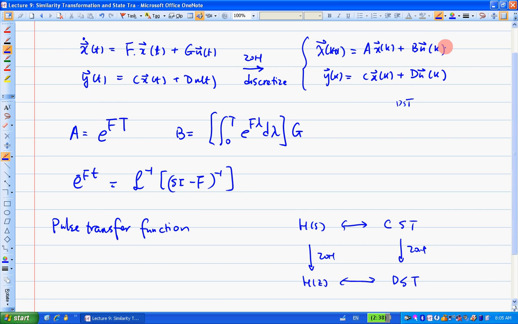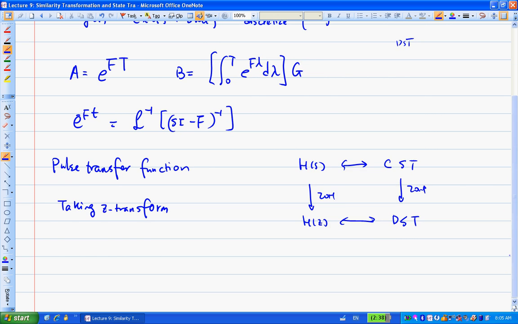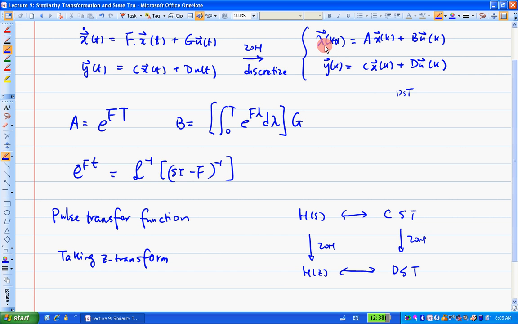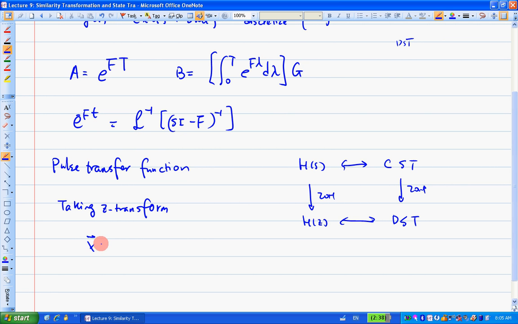So what we do is, based on this, take the z transform of both sides of the equation. When you take a z transform, technically this x of k plus 1 becomes capital X of z times small z, minus z times x of 0.